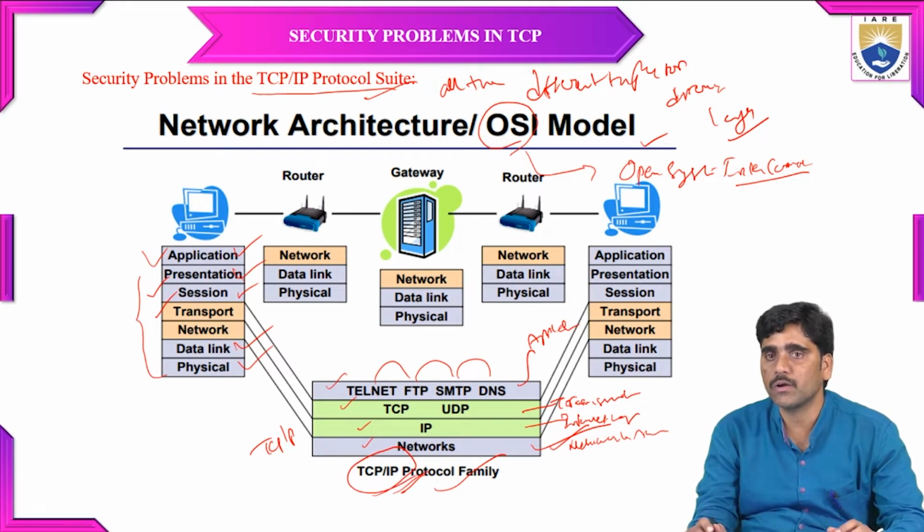The application layer contains some protocols, the transport layer contains some protocols, the internet layer contains some protocols, and the network access layer contains some protocols.